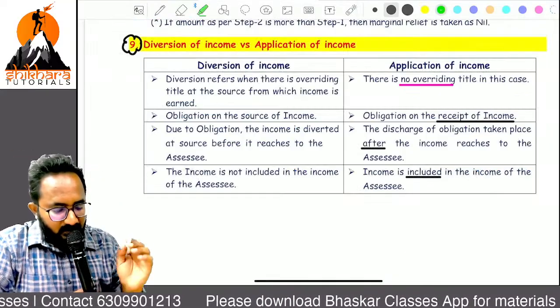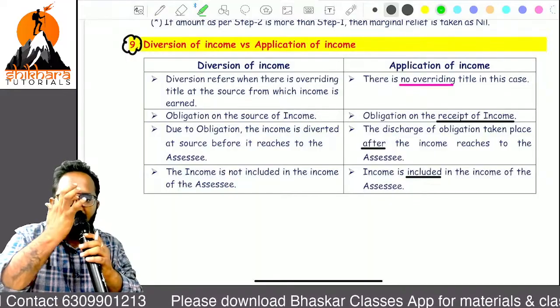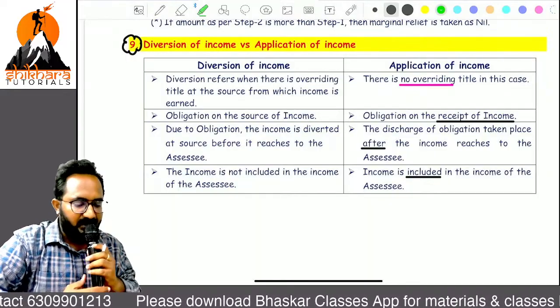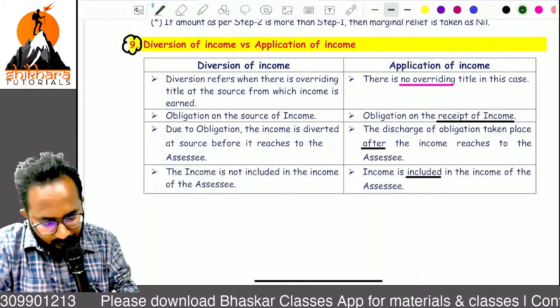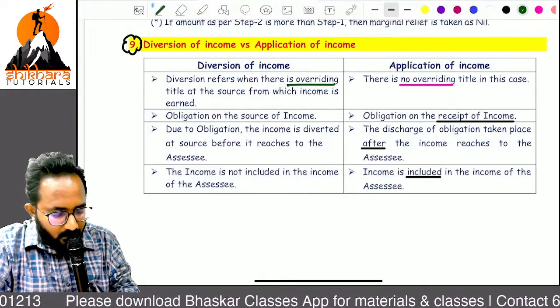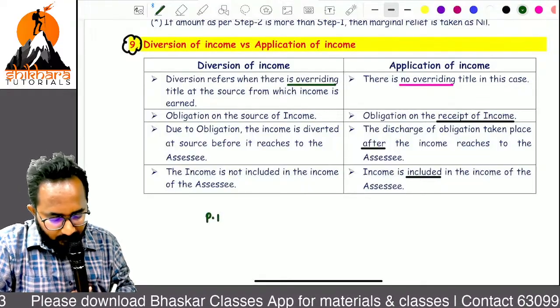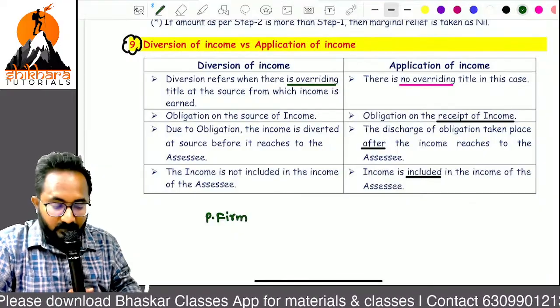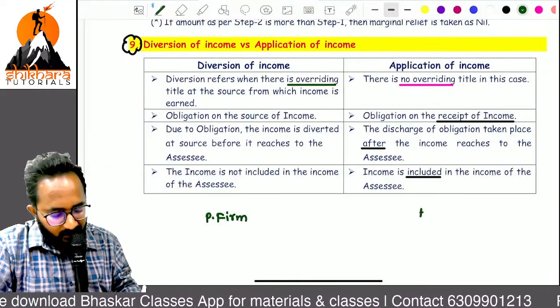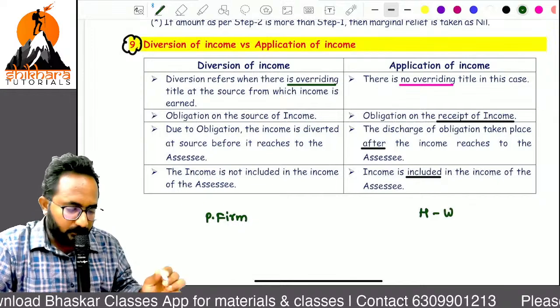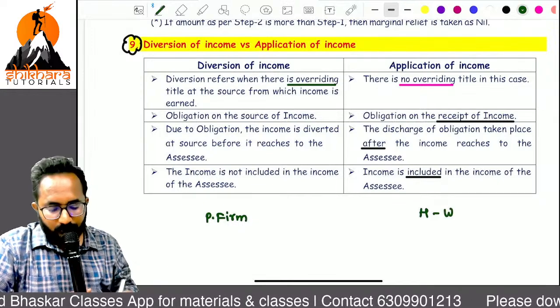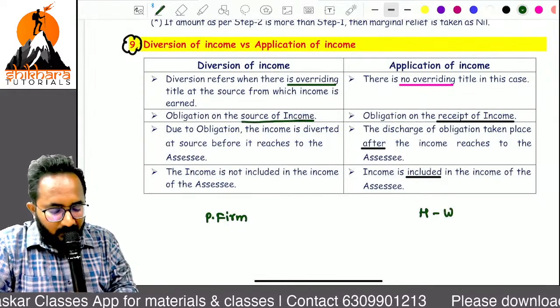Now simple point, ma. You have to remember these two examples. In which example do we have an overriding title? Diversion. Here, the partnership firm example you have to remember. And here, which example? Husband, wife example. Now, obligation here is on which income, ma? Source of income.